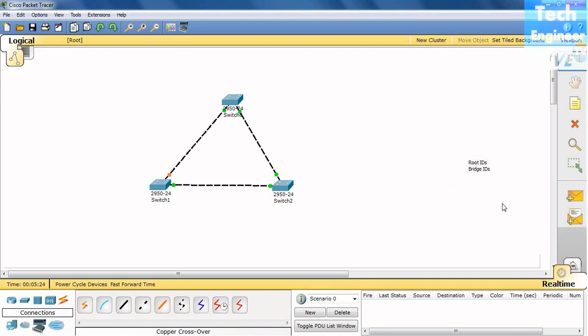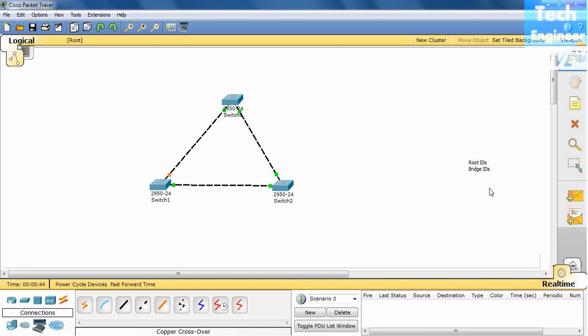The default priority value is 32768, and plus the MAC address it is considered as the BID.